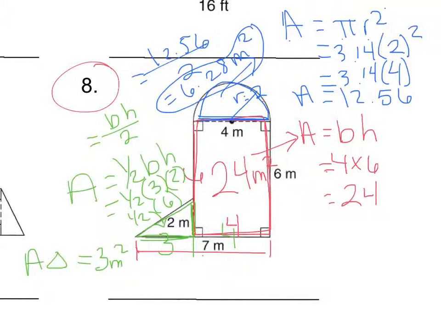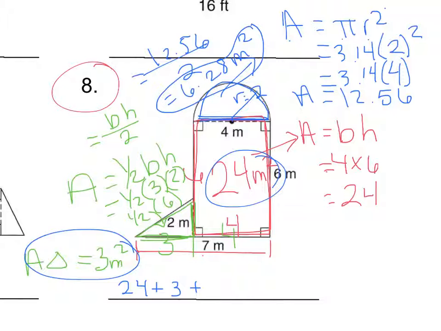So I have my semicircle, I have my triangle, and I also have my rectangle. I'm looking for the area of the entire composite figure. On this line here, I'd like you to write down the area of all the shapes that you used. So we did the rectangle, plus the triangle, plus the semicircle.